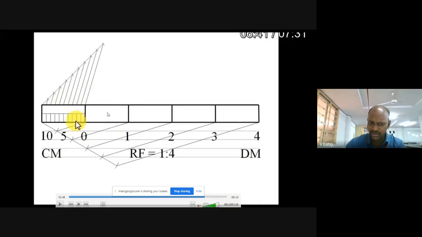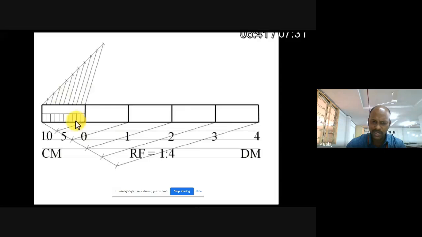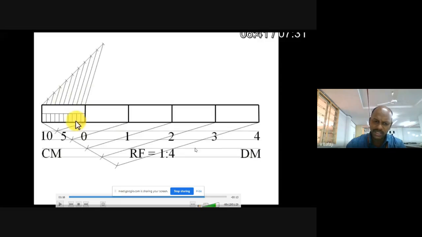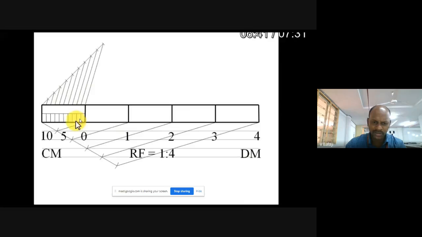This scale is meant for measuring the relation between the main unit and its subunit only. So to relate the main unit with the subunit, we divide only the first part one more time.